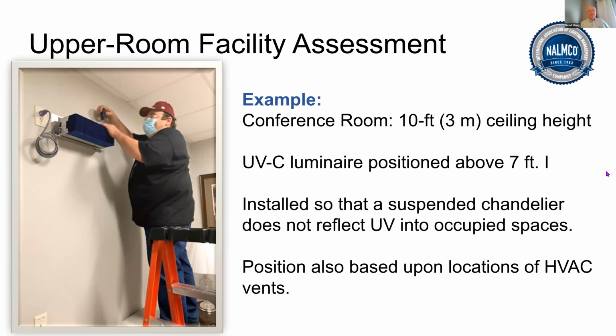Let's consider a conference room with a 10-foot ceiling height, 3 meters. The UVC luminaire is normally positioned above 7 feet, and these are installed so that a suspended chandelier or a ceiling-mounted television set doesn't reflect UV into the occupied spaces.